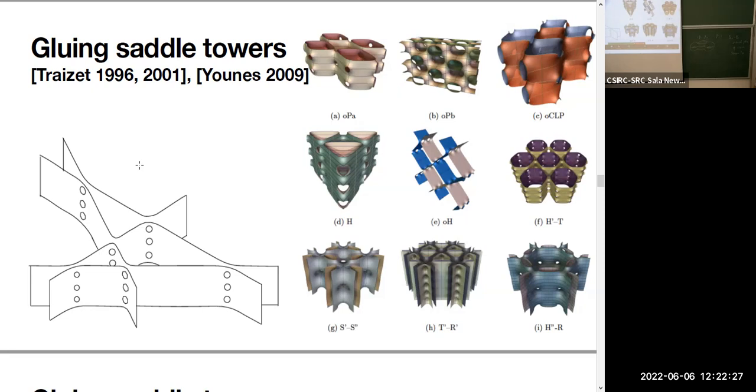Anyway, these are not included in the triply periodic construction because we have parallel wings here. And here you see parallel wings. So he didn't consider parallel wings. For this gluing, the pattern is like this. The conformal type of a saddle tower is a sphere with punctures on the equator.